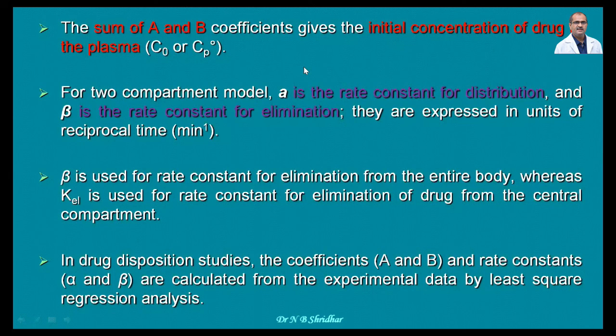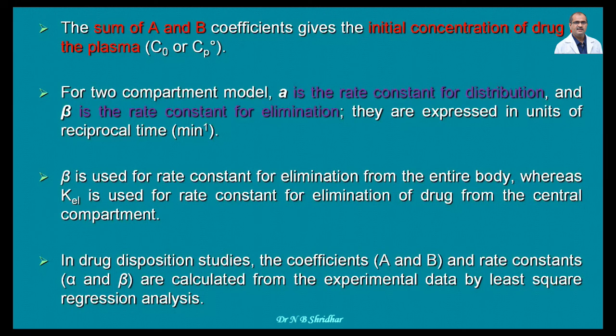Whenever a drug is administered into the body, biotransformation also starts, and distribution and elimination start simultaneously, because we cannot close the kidney to stop eliminating the drug. At the same time, the drug is distributed to the liver, so biotransformation also starts. Because of all these processes, there is a decline in the drug concentration in the body as time advances.